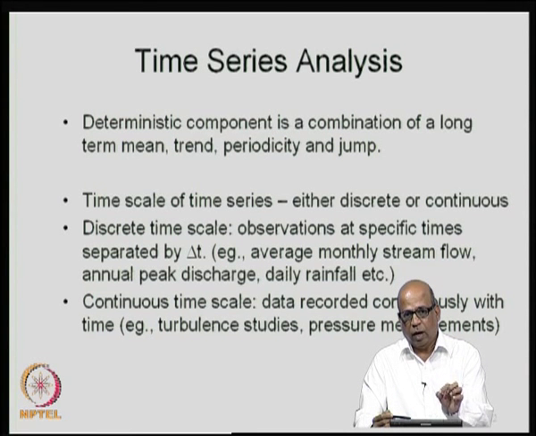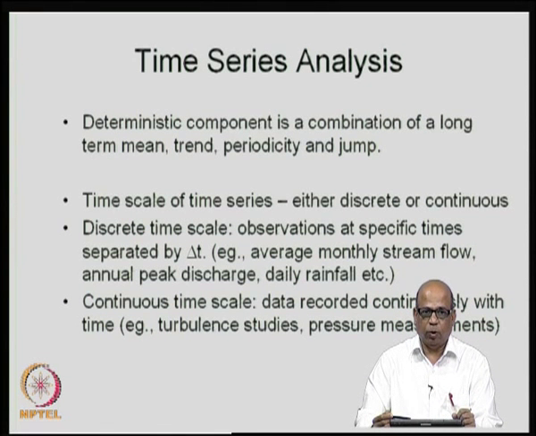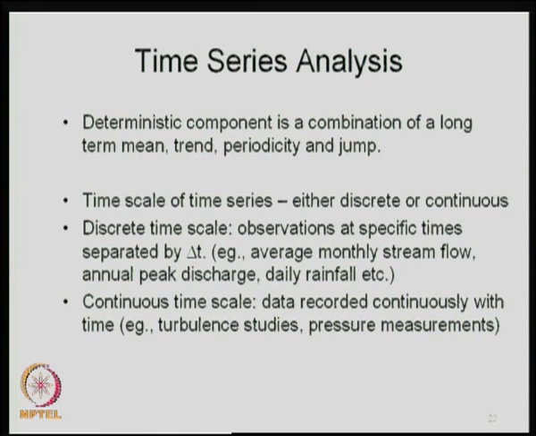Like this, at every time you have one point and then there is a delta t, which is the time interval between two observations. Whereas, in the continuous scale the data will be continuous. For example, when you are doing turbulence studies, pressure measurements etcetera in the laboratory, you will generate continuous data.